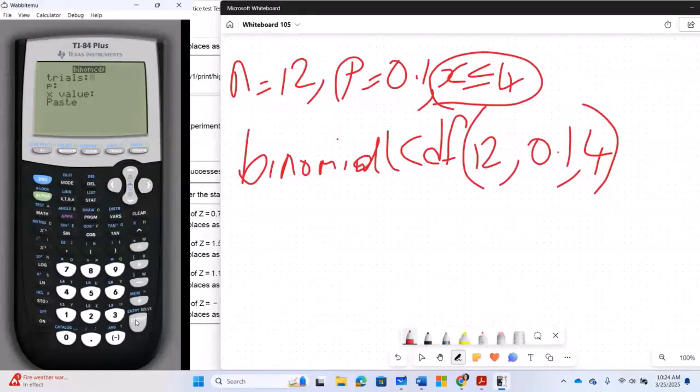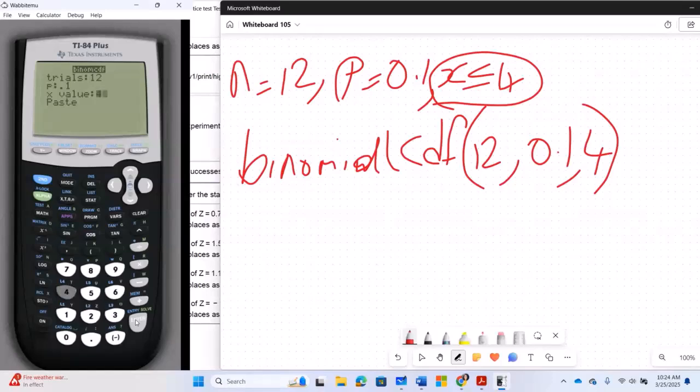So I found binomial CDF, and it's asking me, what is the sample size, the number of trials? The number of trials is 12. The next thing it's asking me is the probability of success. The probability of success is 0.1. The next thing it's asking me is the random variable.